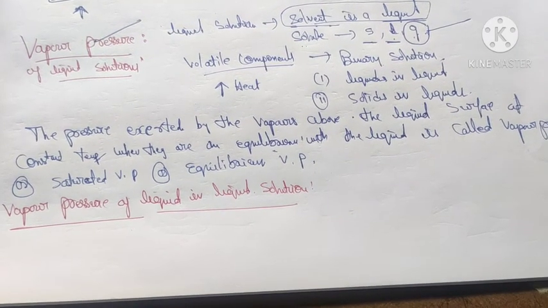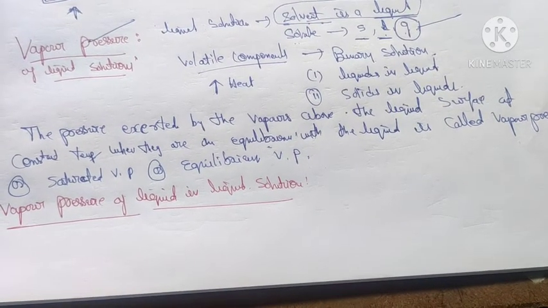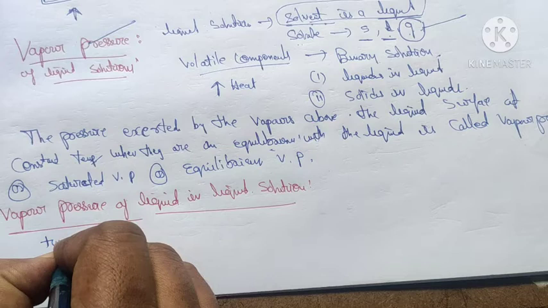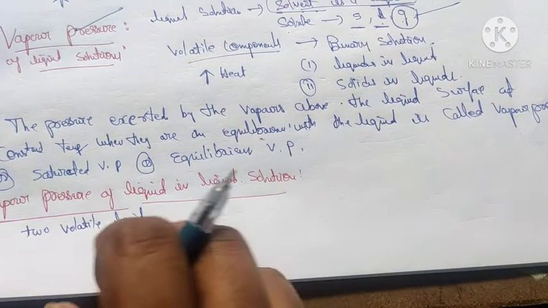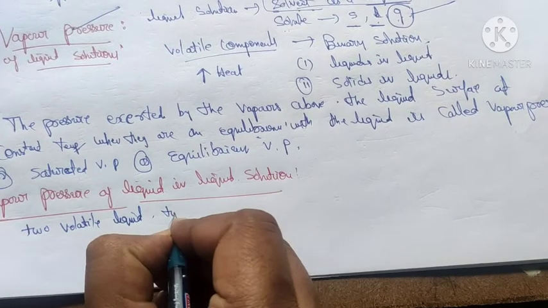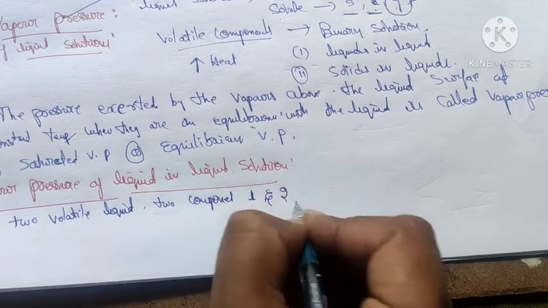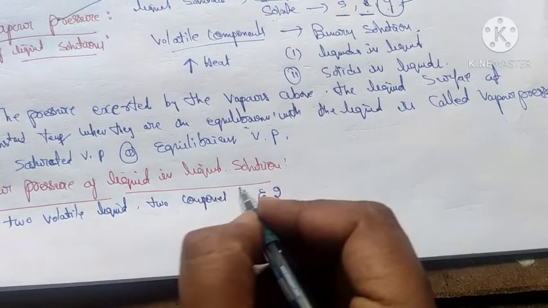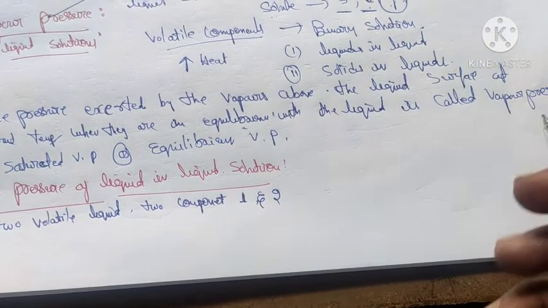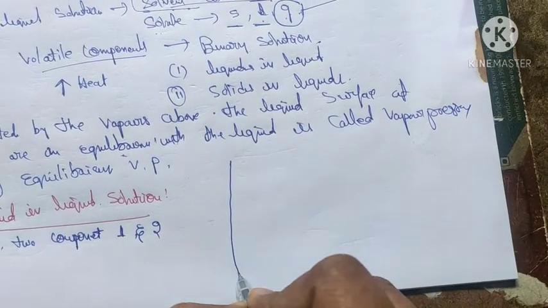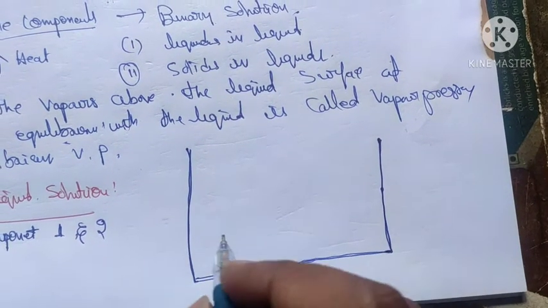So we consider a binary solution of two volatile liquids. They have two components, the one named 1 and the other named 2. In a closed system, we consider one container having two liquids.